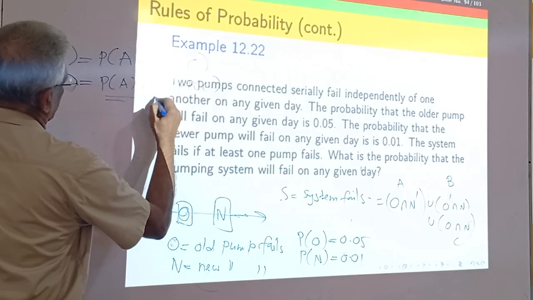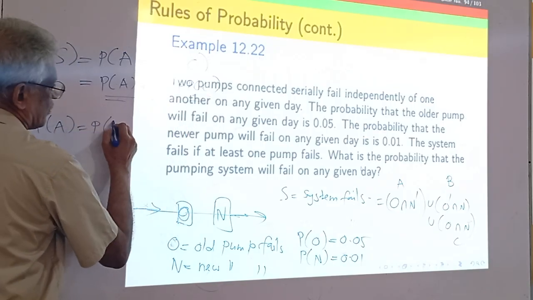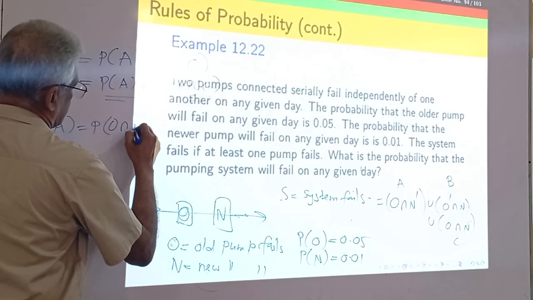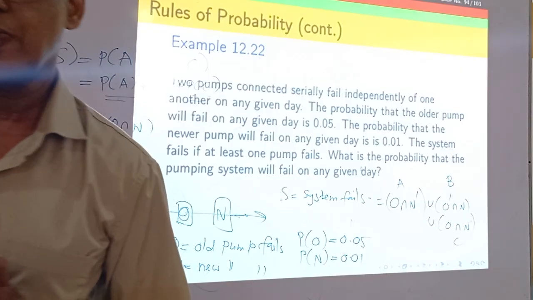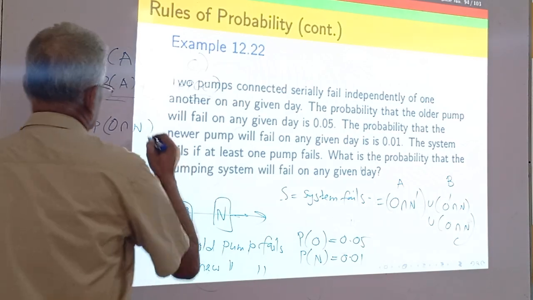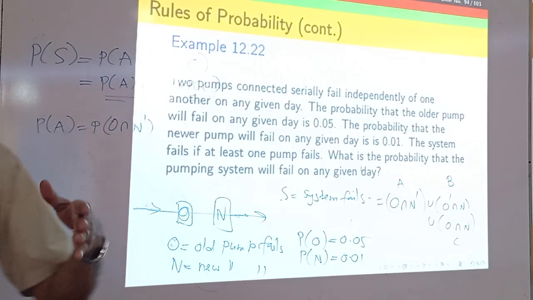Now we have to find out the probability of individuals. So the probability of A is the same as the probability of O intersection N dash. Right. So O and N are independent. We stress whether they fail independently.